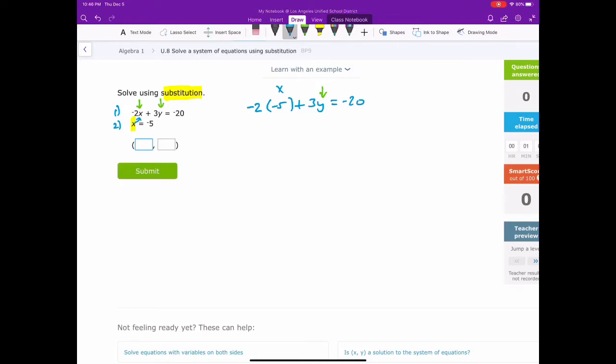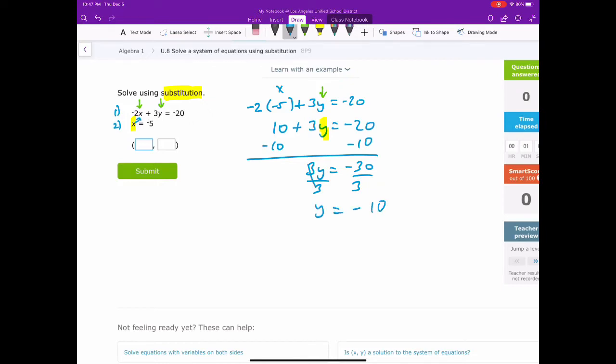Negative 2 times negative 5 is positive 10, plus 3y equals negative 20. Great, now we just have to solve for y. What's farthest away is 10, so we get rid of 10 by subtracting 10, opposite operations. 3y is equal to negative 30, divide by 3, divide by 3, y is negative 10.